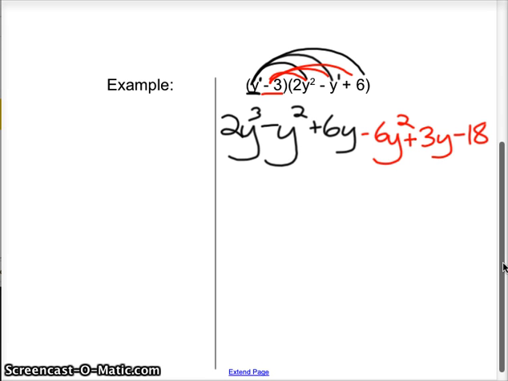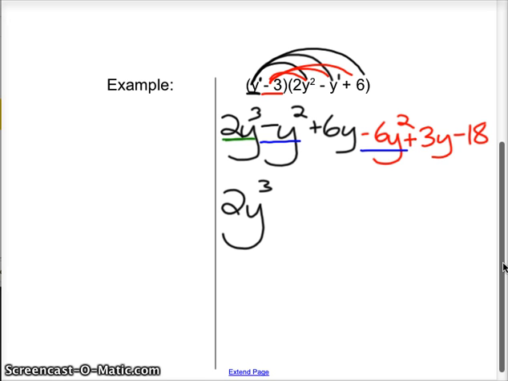Once I have this written out, now I'm just going to look and see, can I combine any like terms? So I have that 2y cubed right here. Well, I don't see any like terms for it. There's no other cubed terms. So that's just going to come down to my final answer. Y squared, so I see two of them. I see a negative y squared here and a negative 6y squared there.